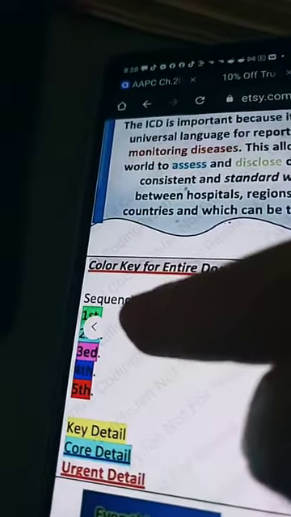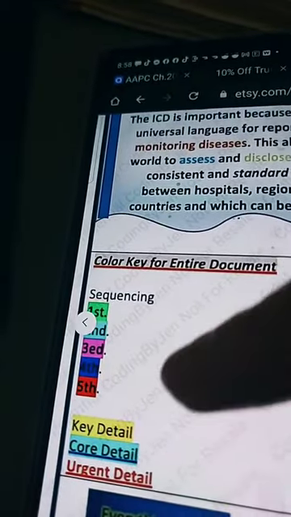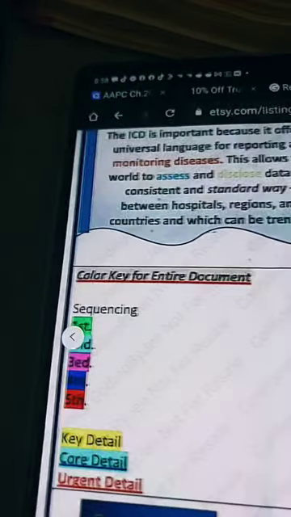It just gives you a number. It'll be color-coded so you know whether it's first, second, third, or fourth. Super helpful guideline right there.